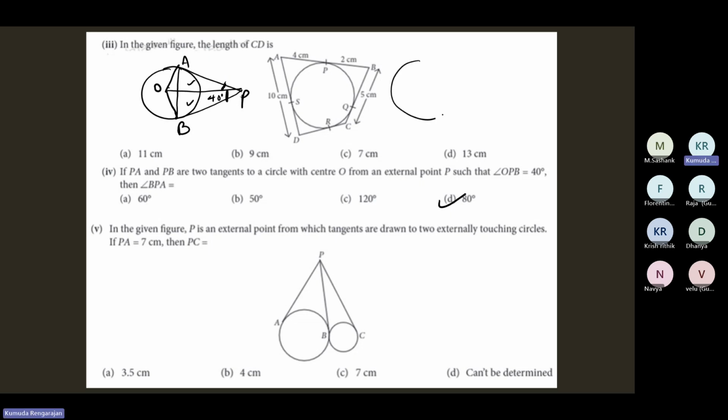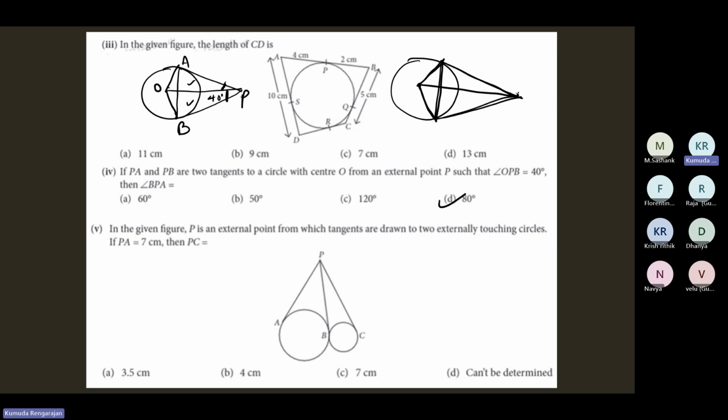So this figure is almost like a standard figure. You need to take a chord like this and draw the tangents, center, chord, and show the tangents, center, join like this.